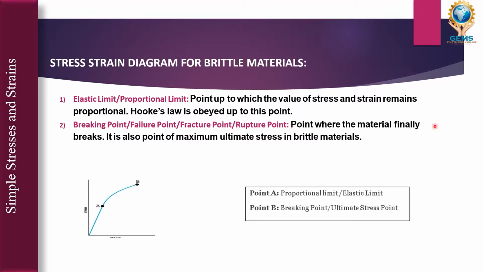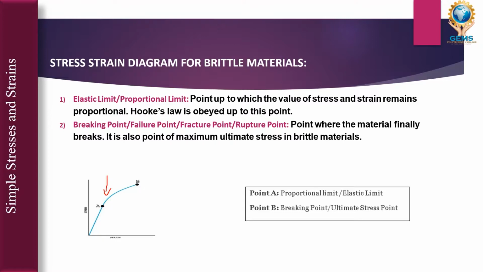The point where the material finally breaks. It is also the point of maximum ultimate stress in brittle material. That means if we put a little stress on a brittle material, it will become the ultimate stress in brittle material. Understand? Suppose that a material is very brittle in nature, that means if you apply even a little amount of stress, it will break.